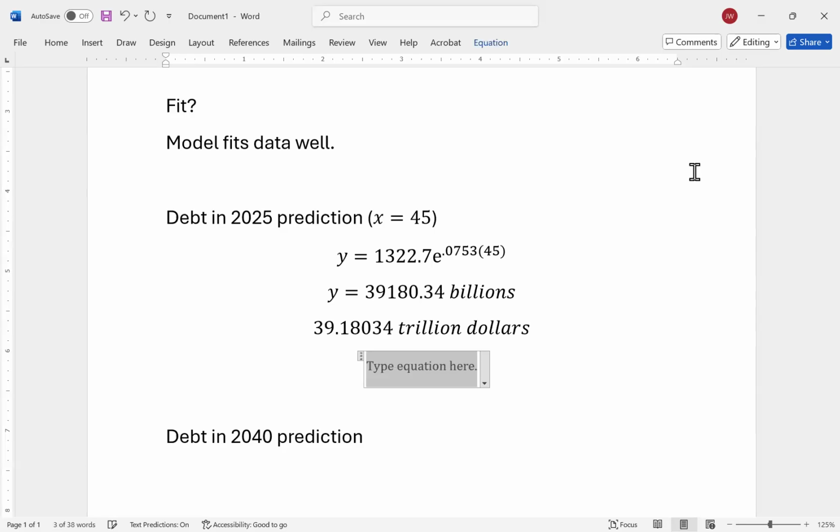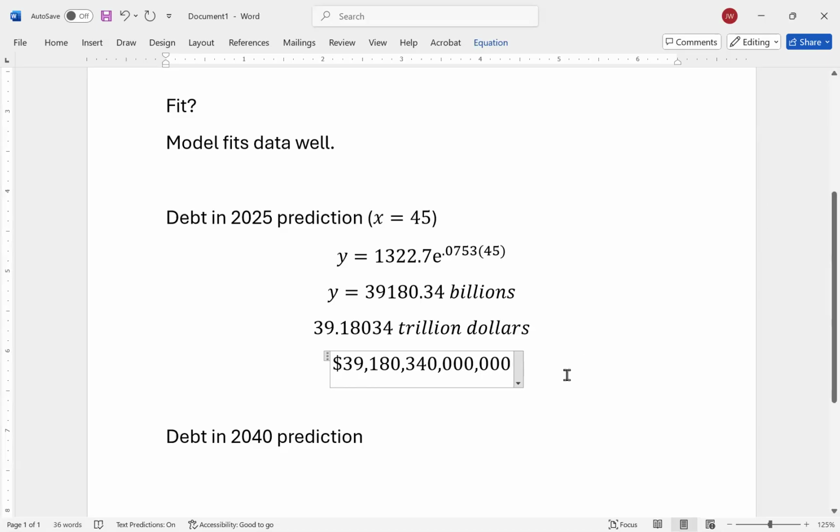And if you wanted to make that into an actual number, 39 trillion 180 billion and then 340 million. That's the number $39.18034 trillion. So that's what you're looking at as far as the actual number written out. Again, this is rounded, obviously.